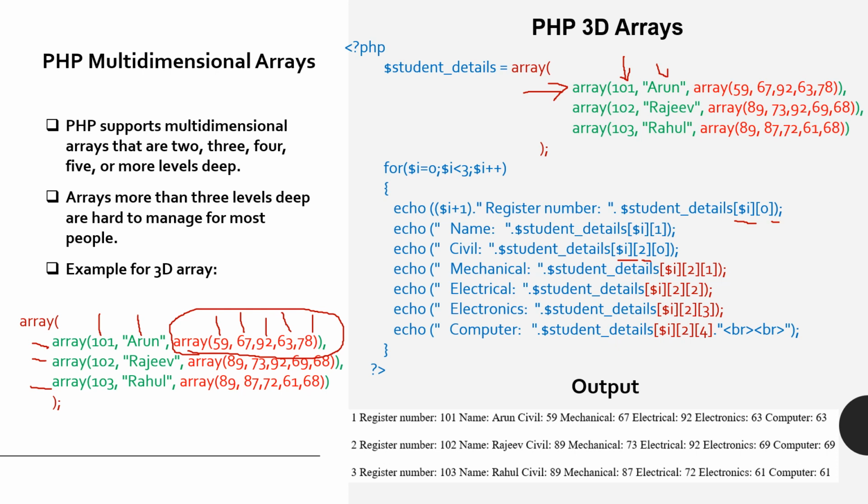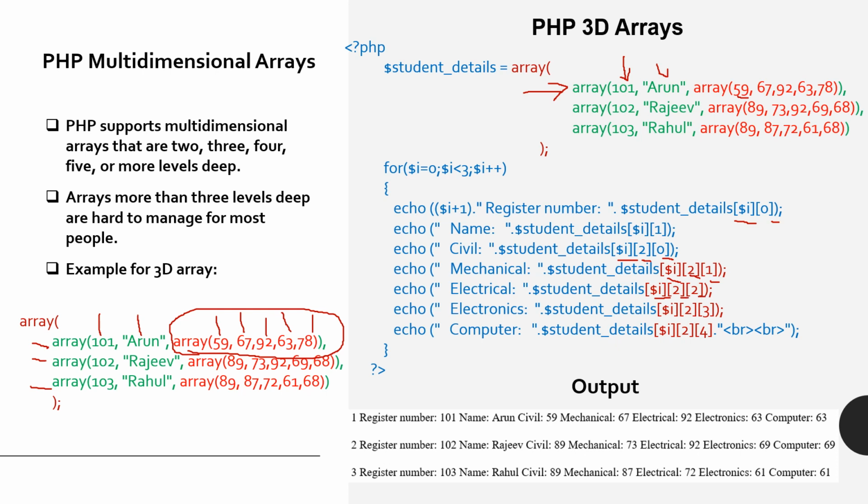The third element is this entire array. There, first marks of first subject. Then similarly first row, third element, marks of second subject. First row, third element, marks of third subject.